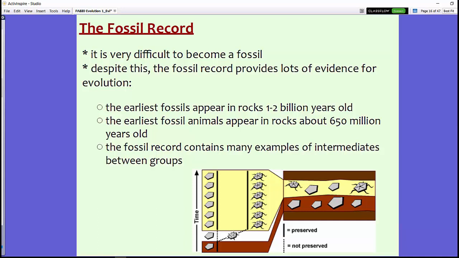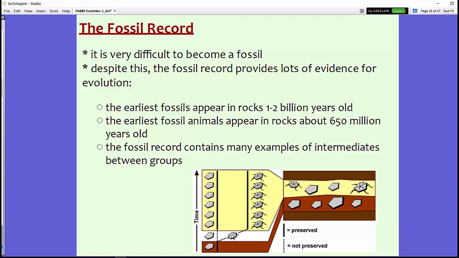The earliest fossils that we see actually appear in rocks about 1 to 2 billion years ago. It seems like a long time ago, but there's actually a lot of things even previous to that that were living that unfortunately have been lost due to the mantle, the crust, all the movement of the plates, and that crust material will actually go back into the mantle and kind of become magma again.